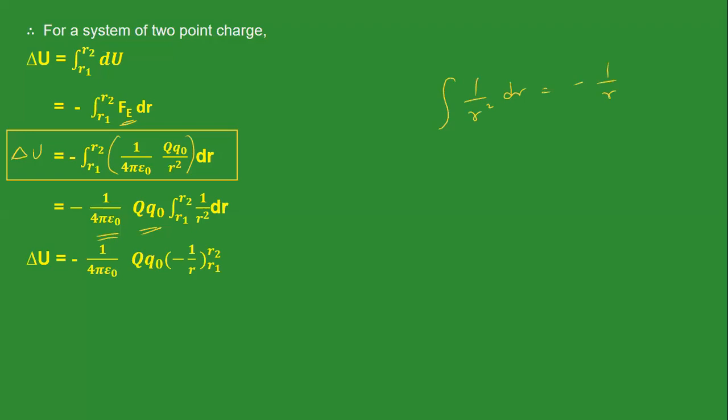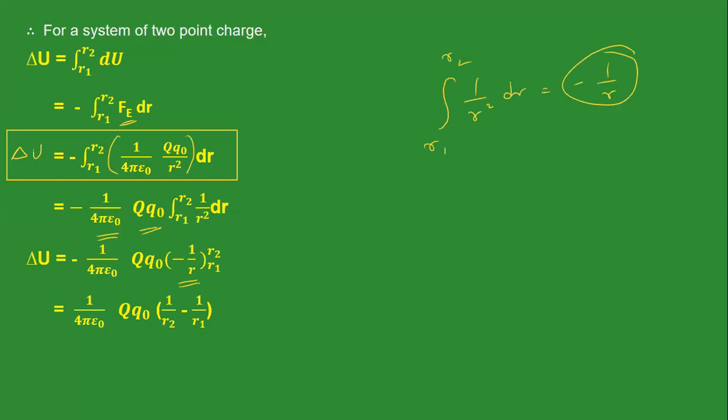And since the limits R1 and R2 are there, we have to put the limits now. Minus multiplied by minus is plus. Now we substitute the limit.